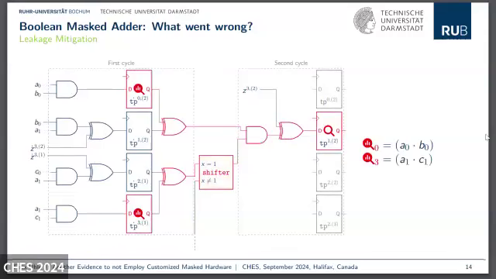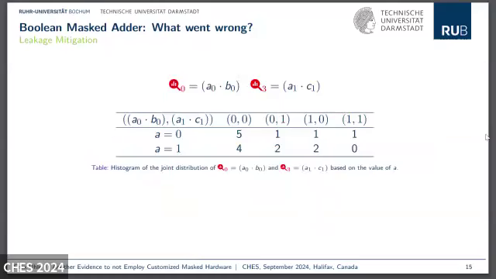Here I have visualized the probe: we probe this TP1 register and get access to the computation A0 and B0 and A1, C1. When we plot the histogram of the joint distribution of these two probes and condition on the value of A, we can easily see that we can distinguish A equal to 0 and A equal to 1. Therefore, we have leakage.